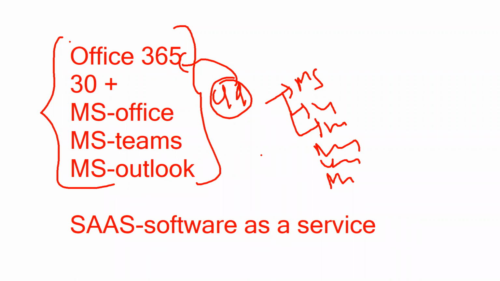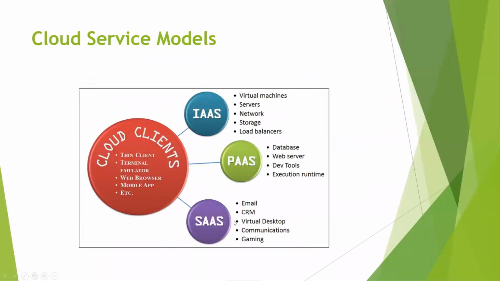Everything is managed by the vendor. You just need to know how to use it. Best example, pizza. When you go to Domino's and order a pizza, everything is ready, right? How to eat it depends on you, whether you use a fork, your hand or a spoon. Ready-made. You just need to know how to use the software. That comes under software as a service.